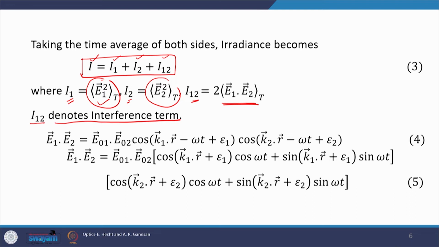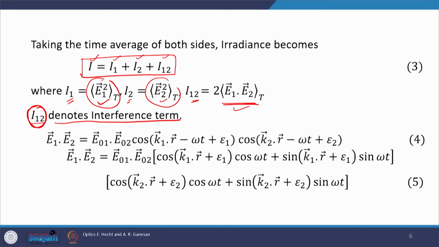Now, the time average of E1 square we know. We know the expression of E1, so we can calculate the time average of E1 square. Similarly, we can calculate the time average of E2 square and the time average of E1 dot E2. But this is the interesting part. I12 is the interference term. Let us see what quantities I12 depends on.